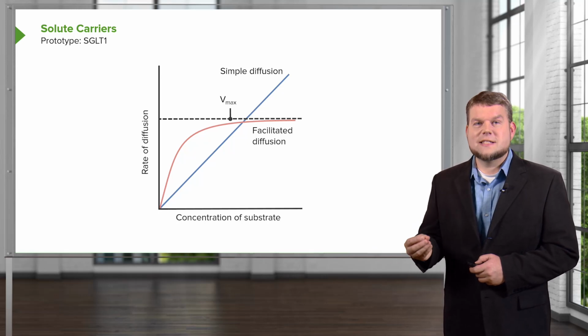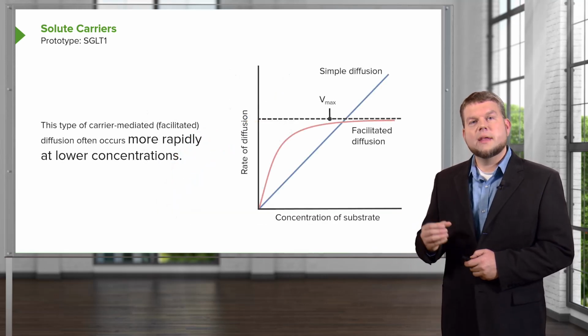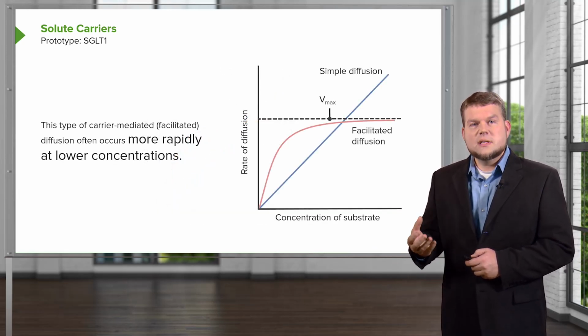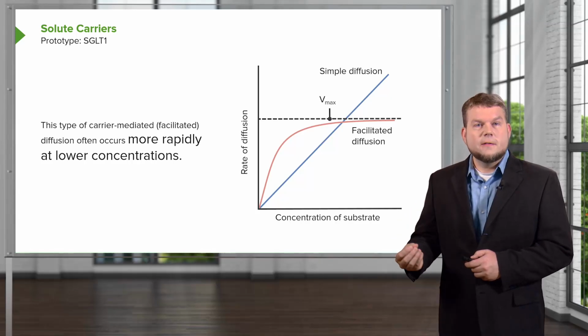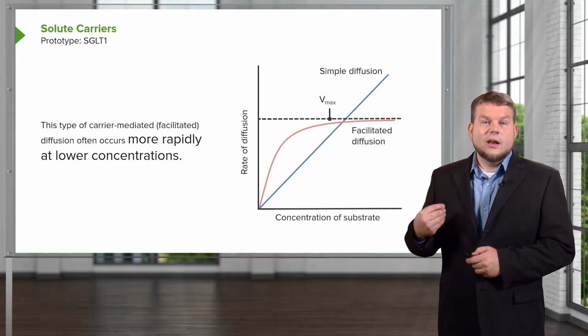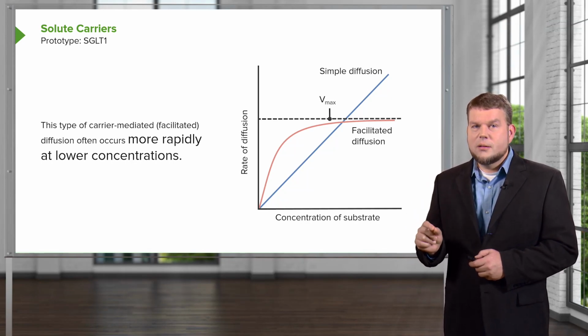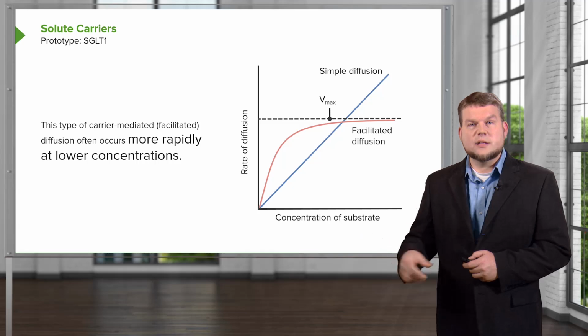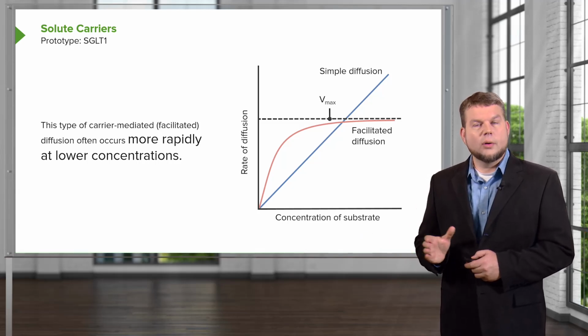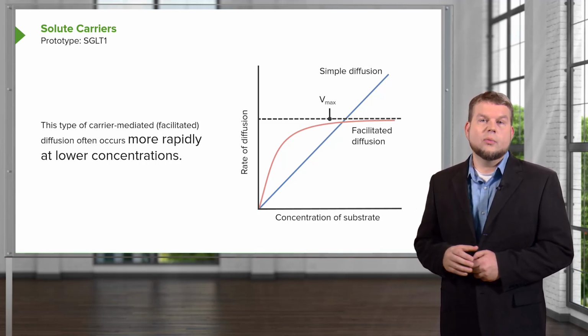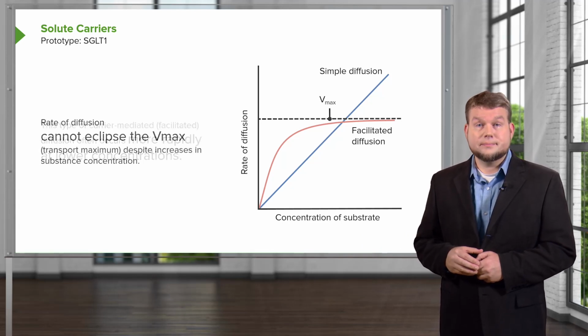So it's faster. Besides it being faster, you can do it at a lower concentration, meaning that you need less of the substance available for that fast transport. This is very important in terms of getting things through as rapidly as possible.